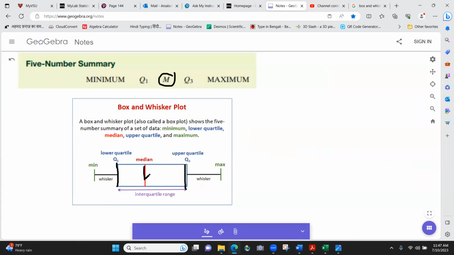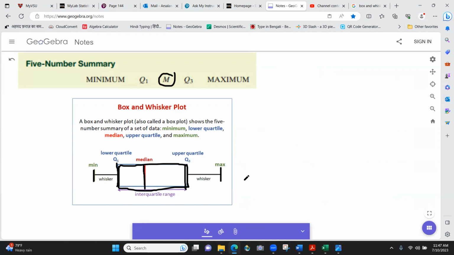And then I'm going to mark my Q2. Right? They're calling it median. We'll call it median. Then I'm going to make a box around it like a rectangle, just like they did here. All right. Then I'm going to label my max. I'm going to label my min. Now, at this point, remember, guys, how we found outliers. So to find outliers, we found interquartile range.